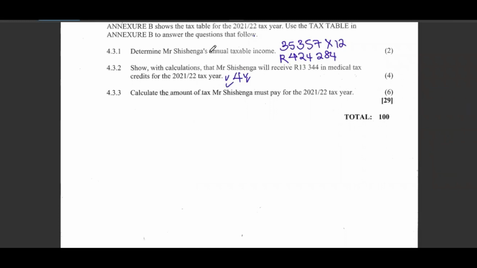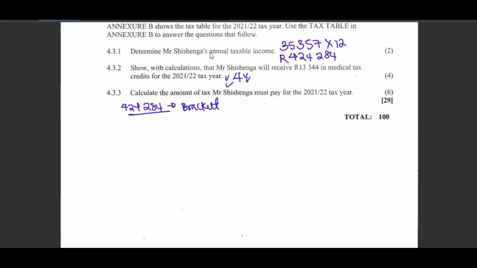Calculate the amount of tax Mr. Shishenga must pay. We already looked at the annual taxable income, which is 424,284. Ask yourself, where does it fall? Which bracket is it?